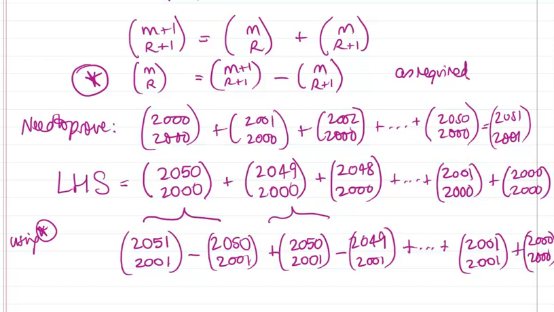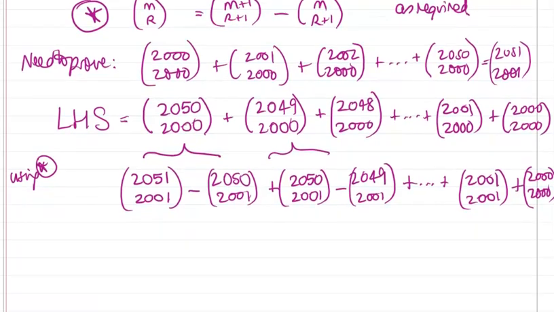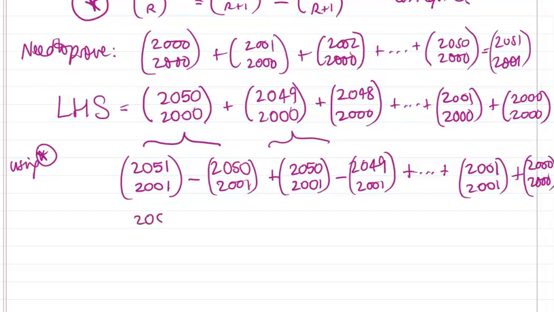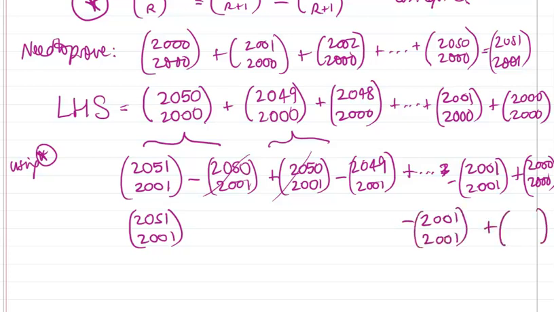All right. So what I'm noticing is the first term will persist, but the pairs of terms following are minus this plus that, minus this plus that. So they're going to cancel. I'm going to be left with the first term, minus this one, and plus the last one.